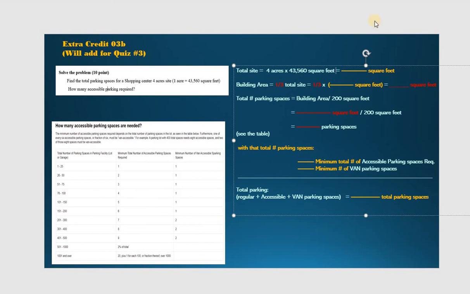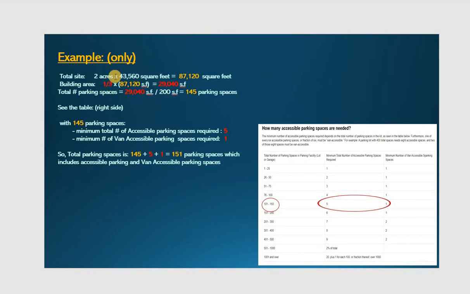If you cannot figure out how much for each of them, or you feel confused, you can go back to the example right here. That example I gave you is very clear about the numbers, so you can look at it and look at the range. 145 is inside this range, so you select this one and figure out how many are required for accessible parking and van accessible parking.